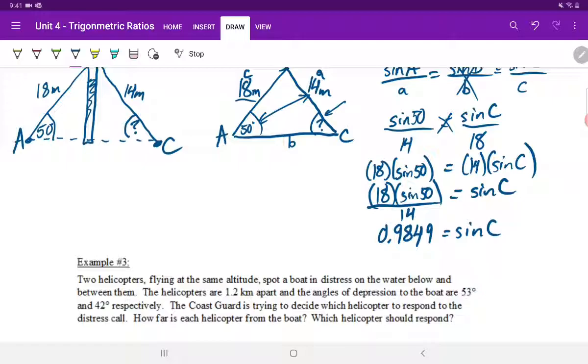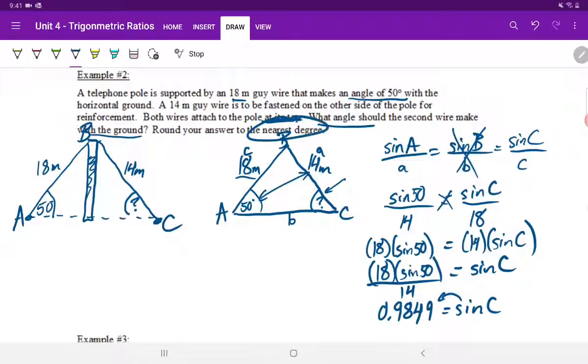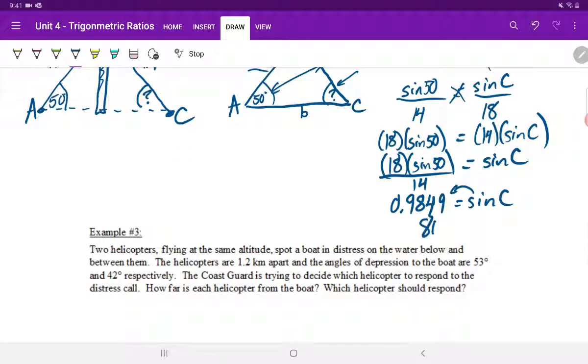Take the inverse sine. So move sine over, take the inverse of 0.9849, and rounded to the nearest degree, because I believe they told us to round to the nearest degree, we get 80 degrees equals angle C.